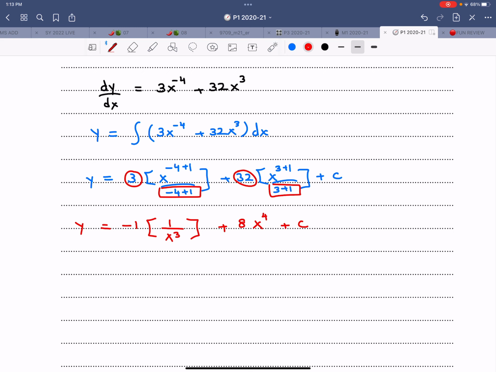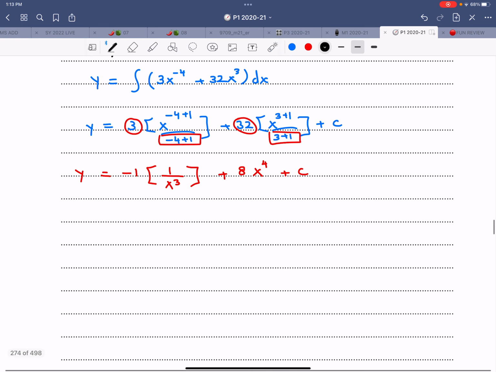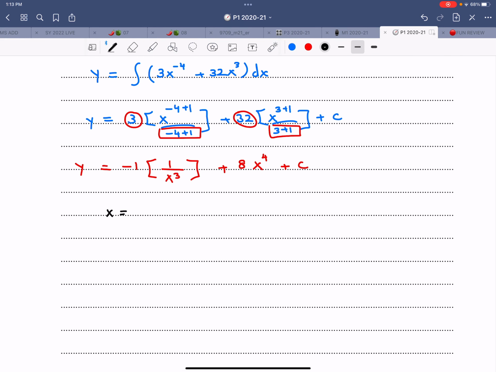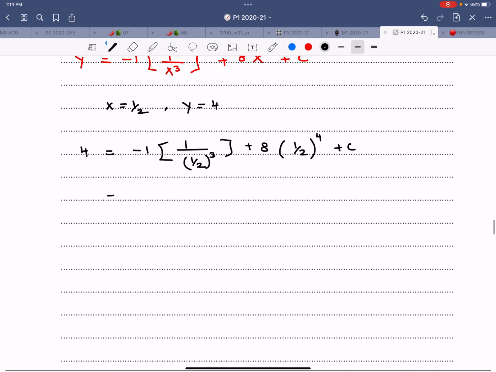So it's all simplified. Now plug in (1/2, 4). When x is half, y is 4. So 4 equals minus 1 over (half) cubed plus 8 into half raised to power of 4 plus c. And let me do a step further.